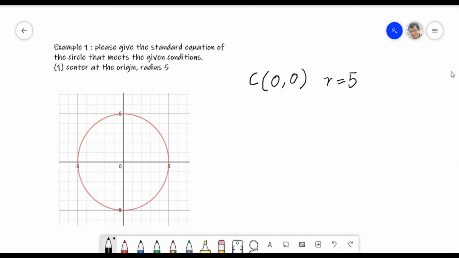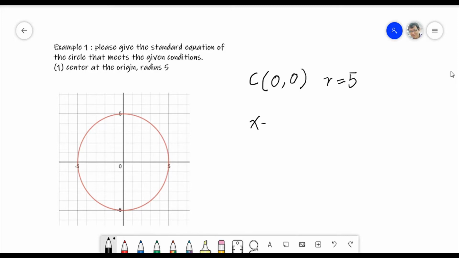The equation is x minus cx, right? So here I'll just write it out, and later I will simplify.